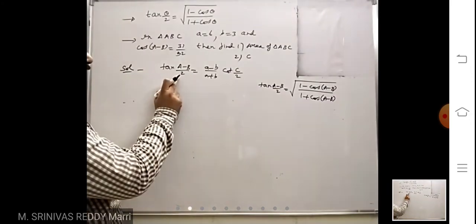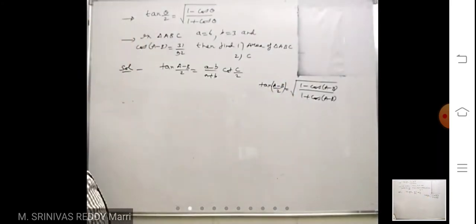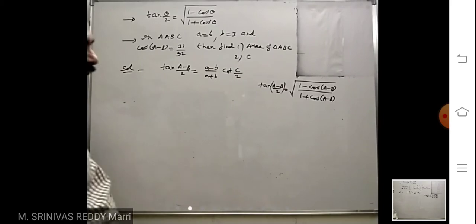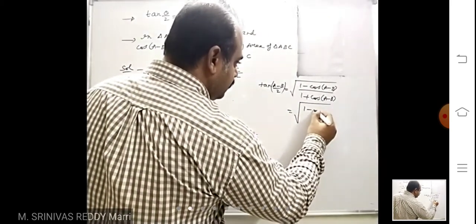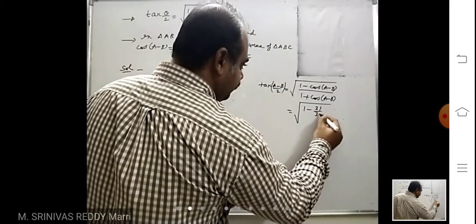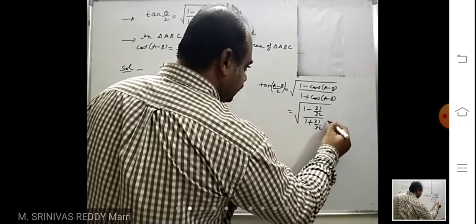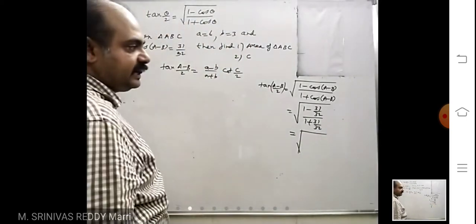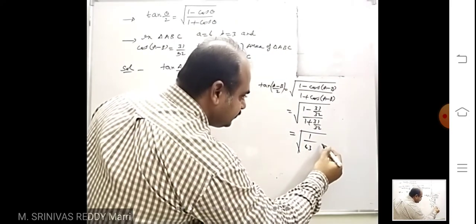Now I want this value. Tan theta by 2 equals root of 1 minus cos theta divided by 1 plus cos theta. So this is root of 1 minus 31 by 32 divided by 1 plus 31 by 32. Root of 32 minus 31 means 1 divided by 63.